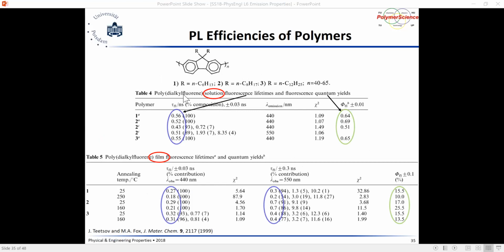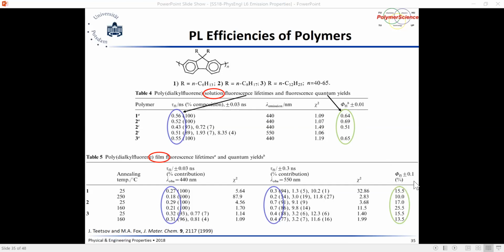So here is an example of one system, and we look at the quantum yield as we go from solution to a film. In solution, the quantum yield is about 60%, 70%, close to 70%. But as soon as we go into a film, oh, hold on, this is now percent, exactly.